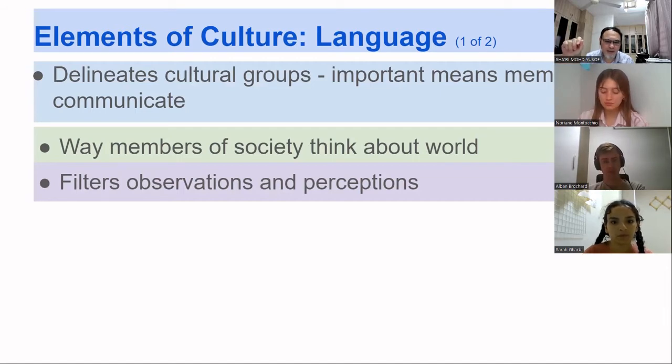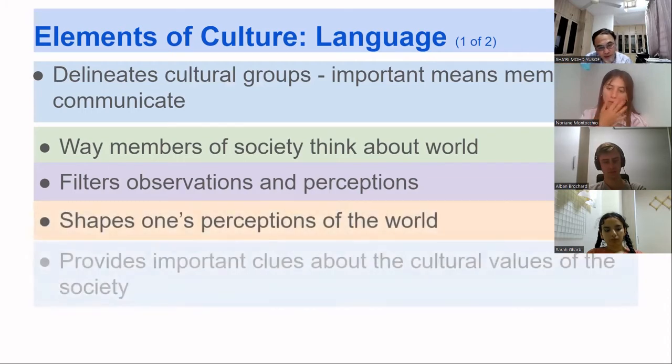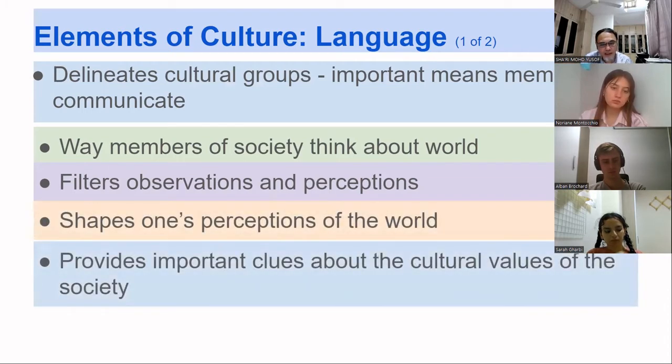And of course, it depends on the way the society has historically developed. It shapes one's perception of the world and also provides clues about the cultural values of the society. What are the things that they actually value?